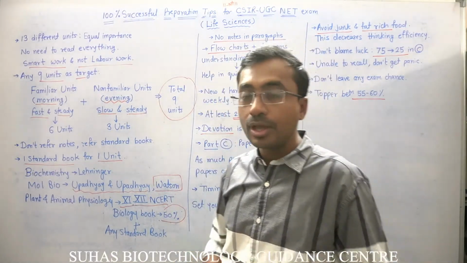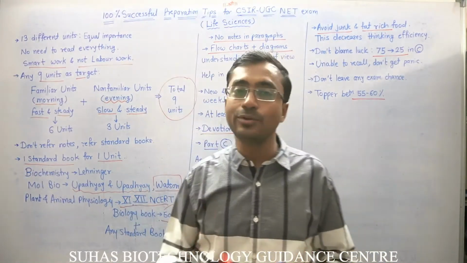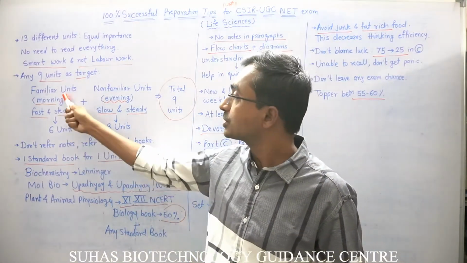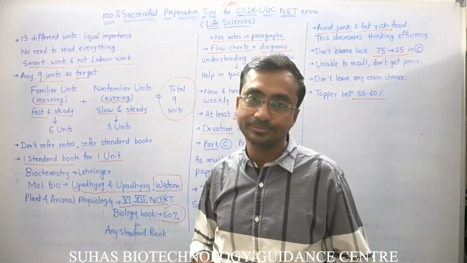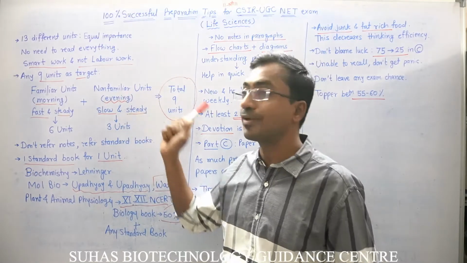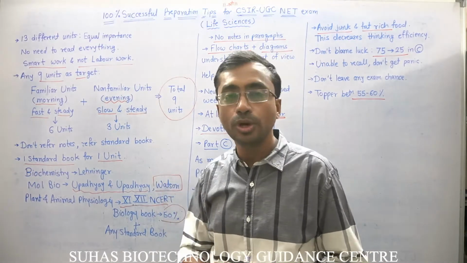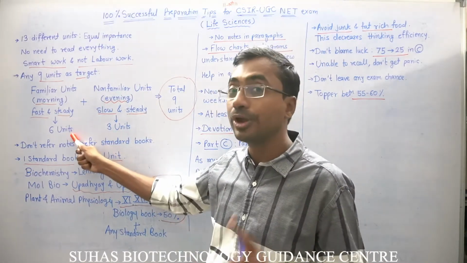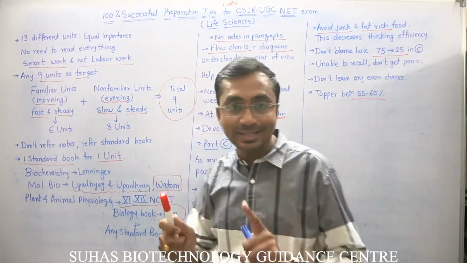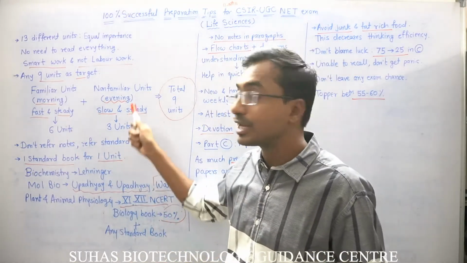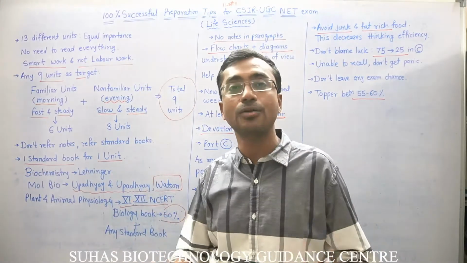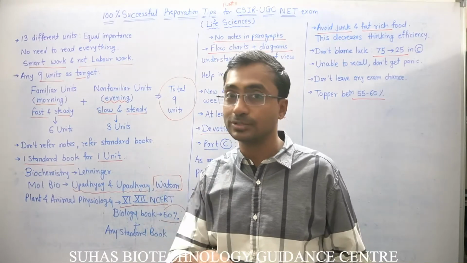Now, suppose out of these 9 units, 6 units are much familiar to me, but I have to select any 3 units which are not familiar to me. No doubt, these 6 units I am going to prepare in detail. But the 3 units which are not familiar, which are new and hard for me, I have to cover them also.